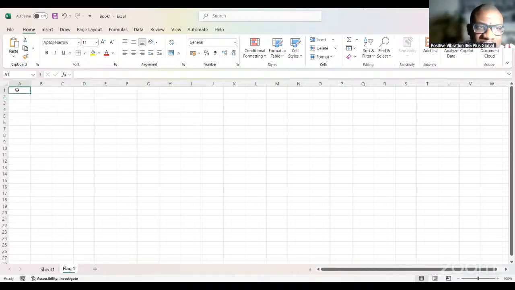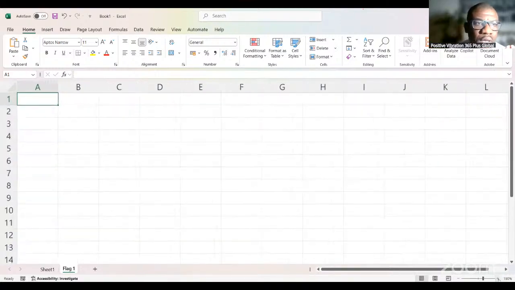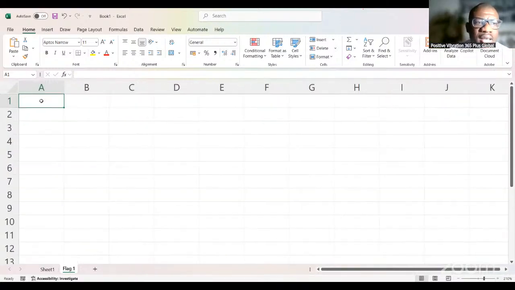So make sure it looks like this. Let me zoom up. Make sure it looks like the fat one here. Because you see that one here? It means something different. And when it looks like this, it means something different. And when it looks like that, it means something different. As we go through the various lessons, you're going to understand the difference.